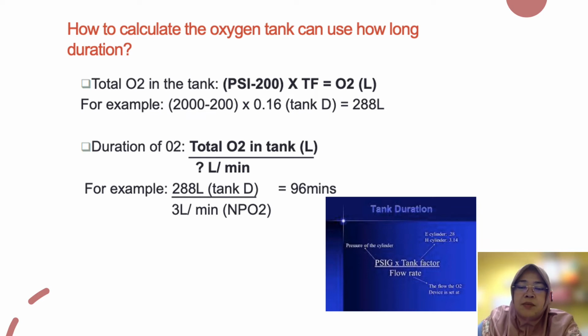Then we multiply the PSI by the tank factor, and you get oxygen in liters. Next, the duration of oxygen equals total oxygen in the tank in liters, divided by the flow rate given to the patient, such as a patient on nasal prong 3 liters per minute. So if using tank D, the 288 liters divided by 3 liters per minute equals 96 minutes.